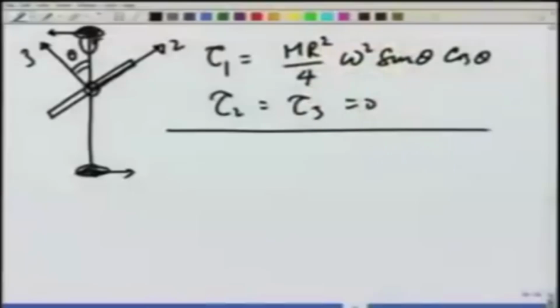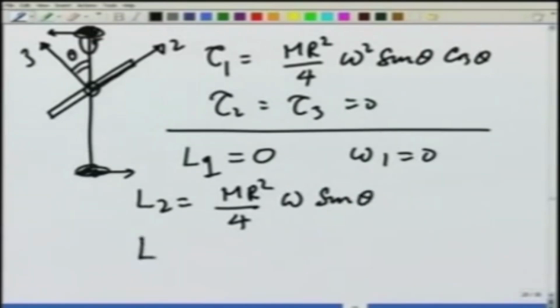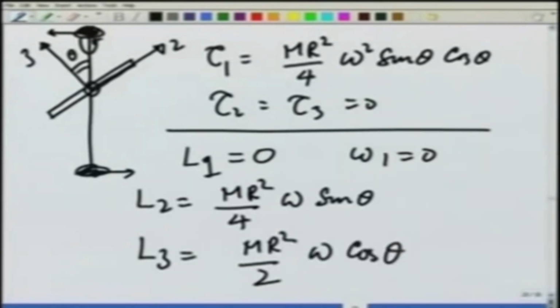Let us look at the same thing again by taking the horizontal component of the angular momentum. The angular momentum is going to have no component in direction 1 because omega 1 is 0. L2 is going to be m r square over 4 times omega sin theta, and L3 is going to be m r square by 2 omega cosine of theta. So, let me make it again.